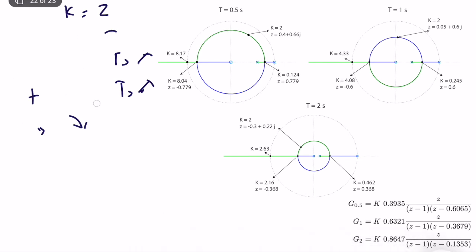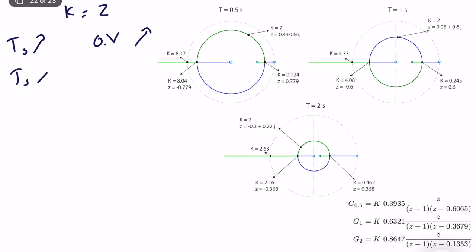Let's clean that. If I increase the sampling time, percentage overshoot will increase, and the performance will degrade. If I increase the sampling time, peak time will increase, which will reduce the performance. If I increase the sampling time, settling time will not change; it will be approximately the same.